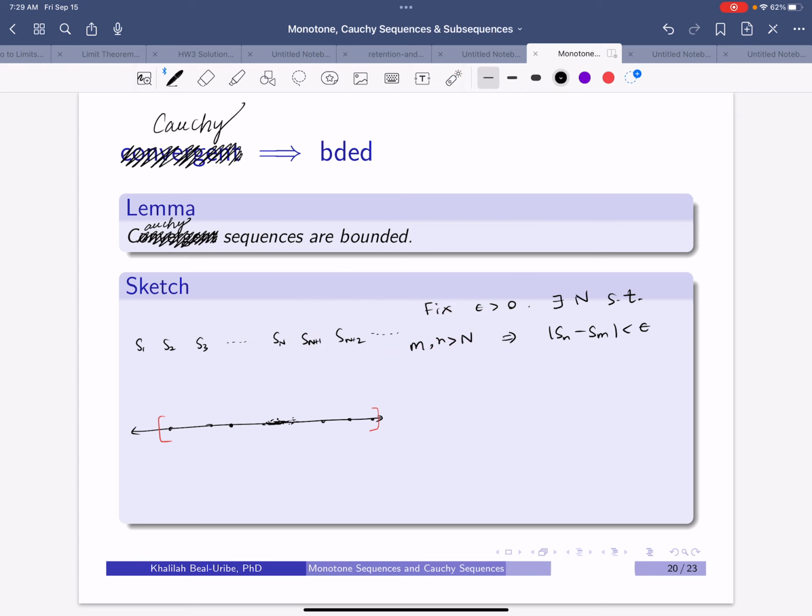Okay, so what I'm going to do is say m bigger than n implies the distance between Sn plus 1 and Sm is less than epsilon. So that means Sm is going to be less than Sn plus 1 plus epsilon and greater than Sn plus 1 minus epsilon. Yeah?